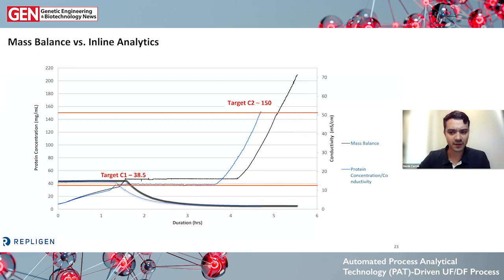In this scenario, it reaches the target for conductivity, showing that the process is complete. It's exchanged the two buffers, and there's really no need for the extra diafiltration volumes that are put through. So that would also save time and save buffer if someone were to use inline analytics versus mass balance.